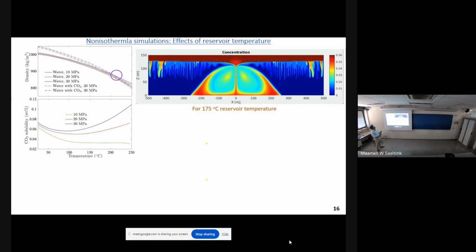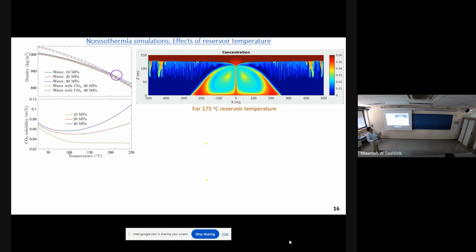Because of the temperature difference, the density difference will cause one more big roll like this, which is similar to what I showed in my first set of simulations. One interesting thing: here the rolls are big, the height of the rolls is big, while the formation of fingers is very small.